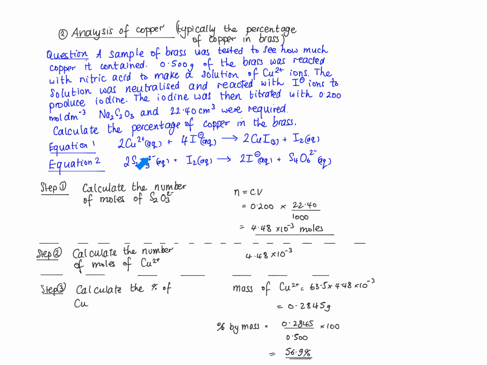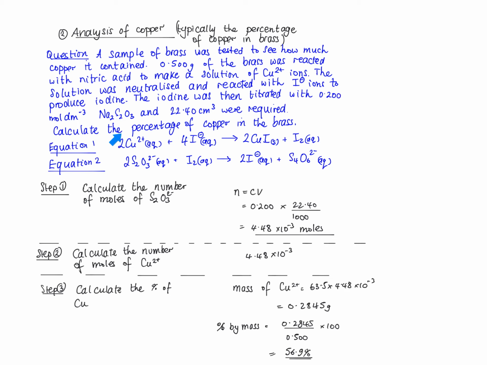If we have 2 moles of thiosulfate, that reacts with 1 mole of I2. And 1 mole of I2 is made from 4 moles of I-, which is the equivalent of 2 moles of Cu2+. So if we have 2 moles of this, we have 1 mole of that, which means we have 4 moles of that, which means we started with 2 moles of this.